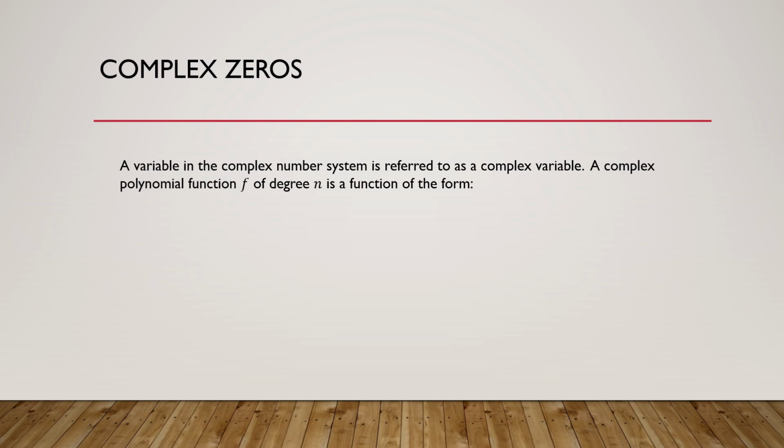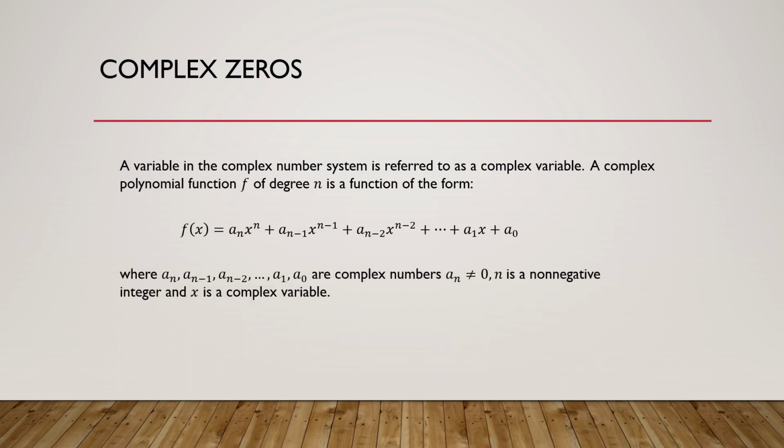A complex polynomial function f of degree n is a function of the form f of x is equal to a sub n times x to the n plus a sub n minus 1 times x to the n minus 1 plus a sub n minus 2 times x to the n minus 2, and so on until a sub 1 times x plus a sub 0, where a sub n minus 1, a sub n minus 2, and so on, including a sub 1 and a sub 0, are complex numbers, and a sub n is not equal to 0, n is a non-negative integer, and x is a complex variable.